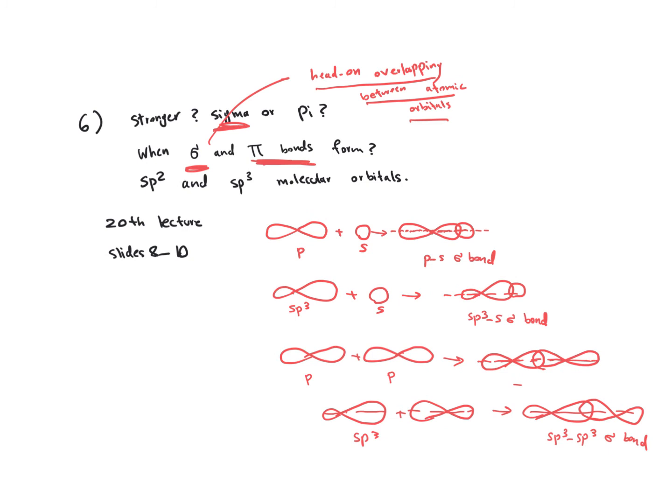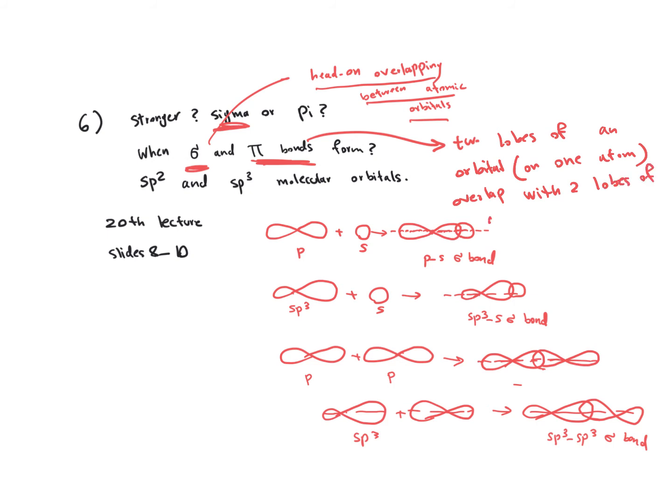But for pi bonds, you know that 2 lobes of an orbital on one atom overlap with 2 lobes of an orbital on another atom.